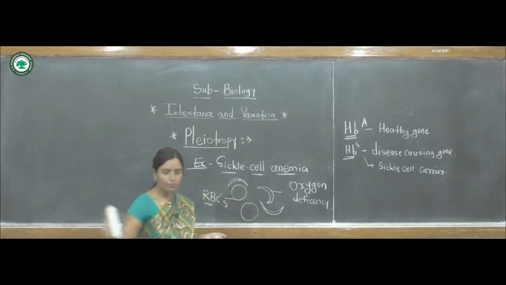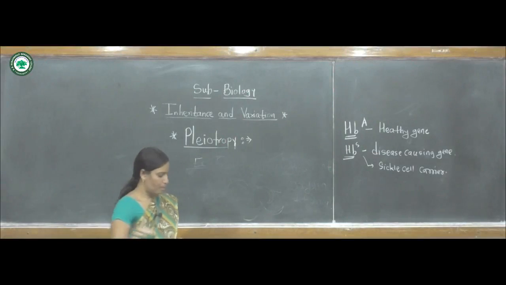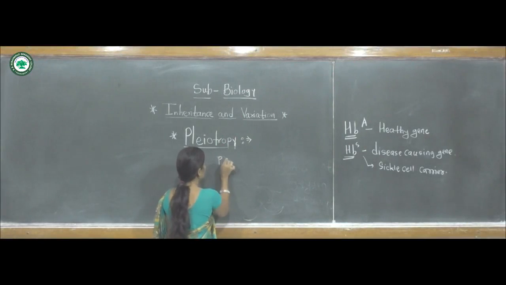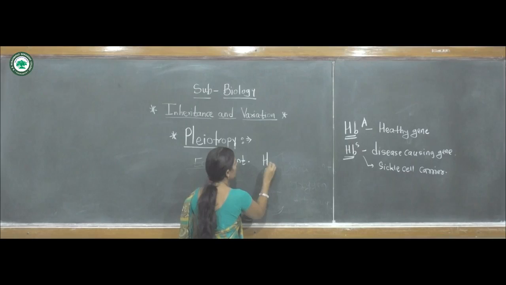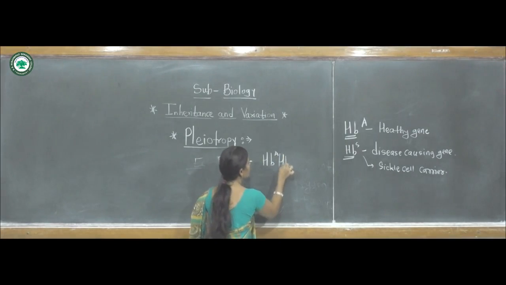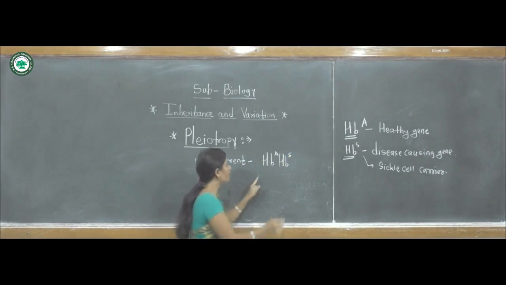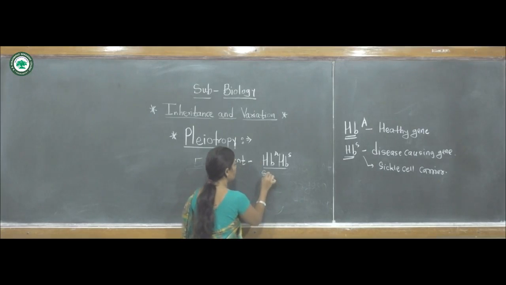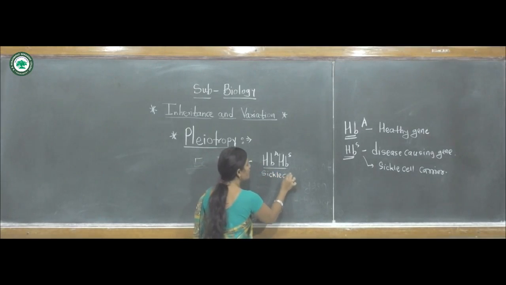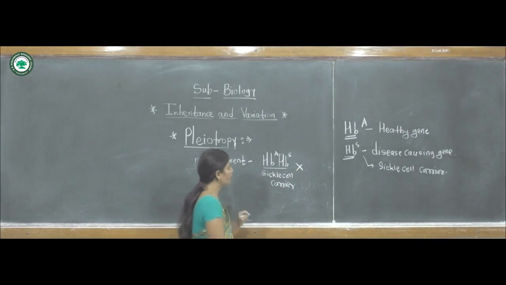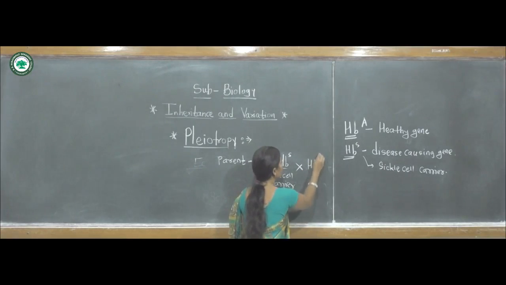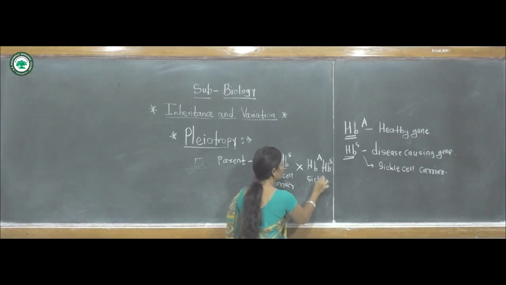The first one, the parents: HBA and HBS, it is heterozygous and a sickle cell carrier. And the other parent, HBA and HBS, is also a sickle cell carrier.